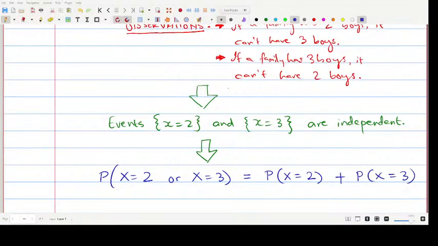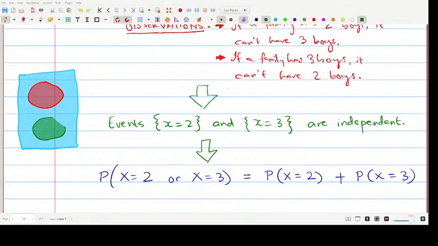This concept can be understood by looking at this Venn diagram. I'm drawing the Venn diagram in a different way. You can see that on the top there is this red circle, which is one event, and on the bottom there is this green set, which is another event.